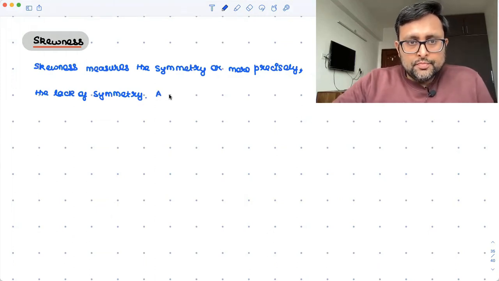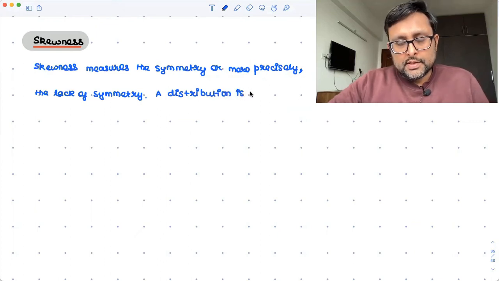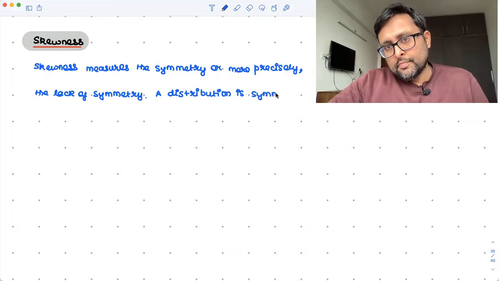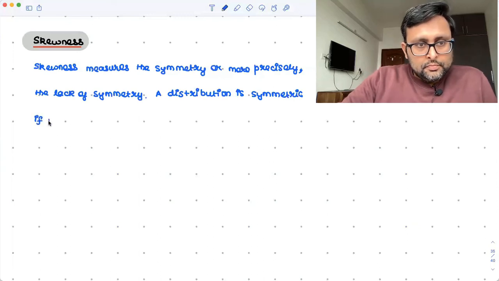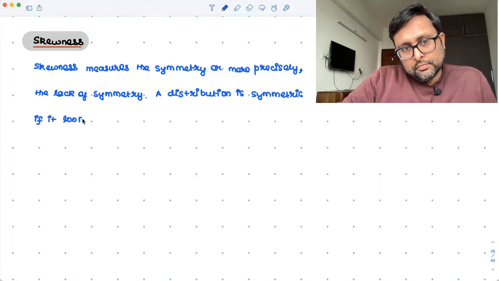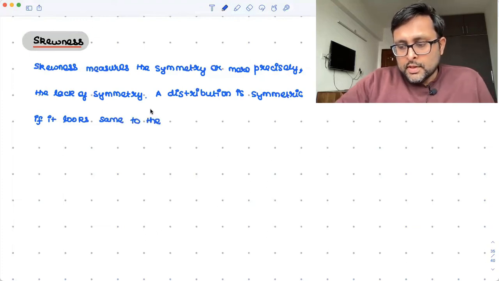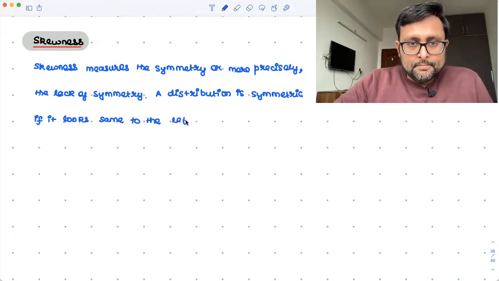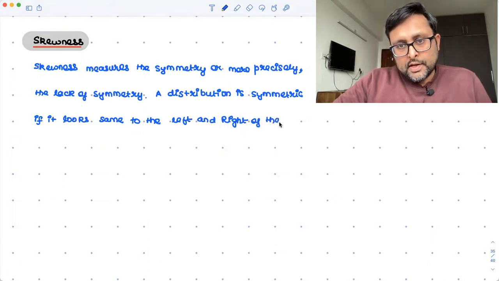A distribution is symmetric if it looks the same to the left and right of the center point.